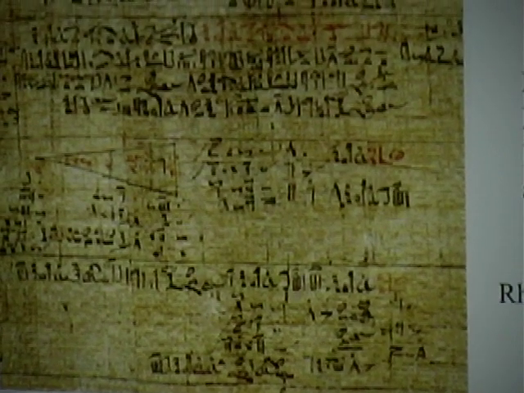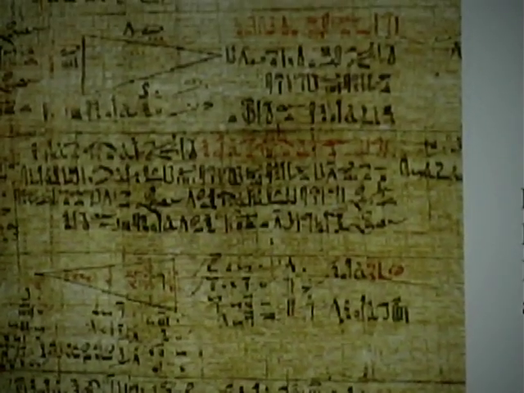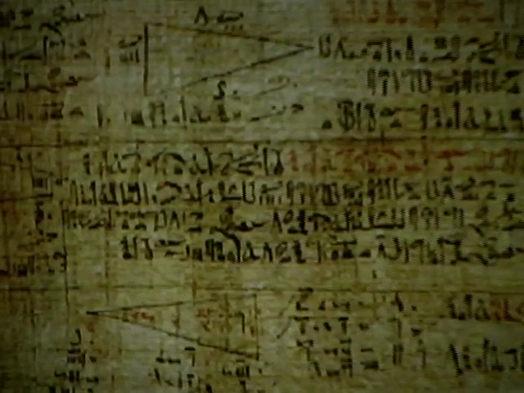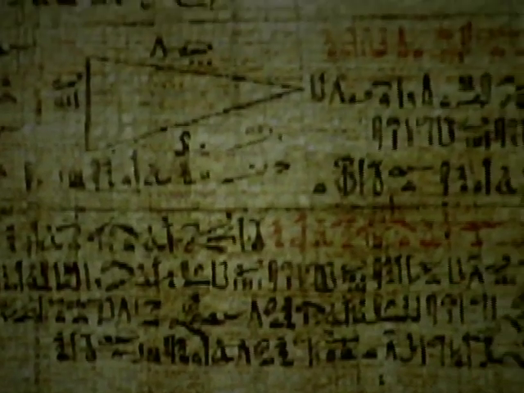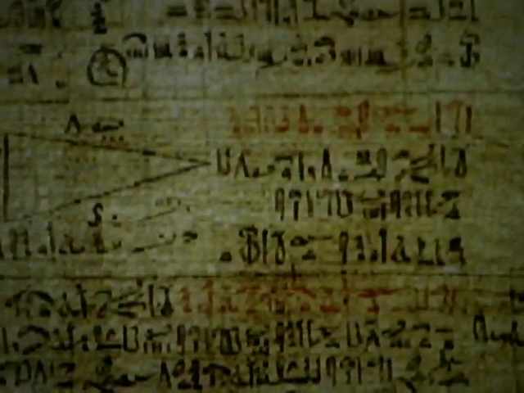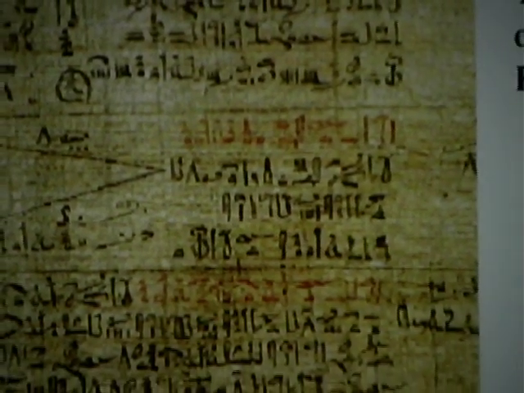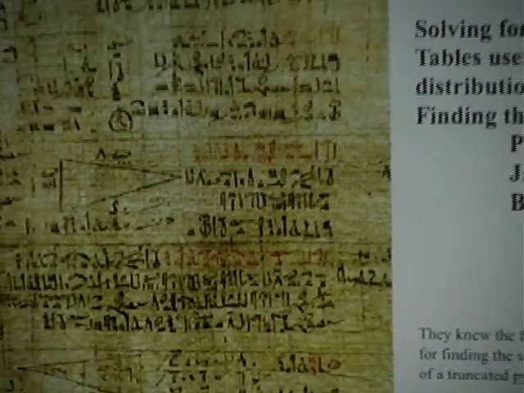As you can see here, there are triangles and some other geometrical figures, and the Rind and other papyri are very practically oriented. In other words, how to solve for weights and measures, tables for calculation, how to distribute goods in a fair manner, finding the volumes of pyramids, jars, baskets, and they certainly knew the formula for finding the volume of a truncated pyramid, for example.